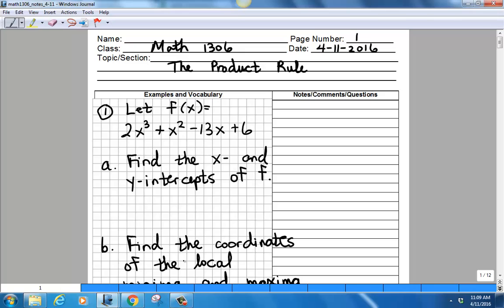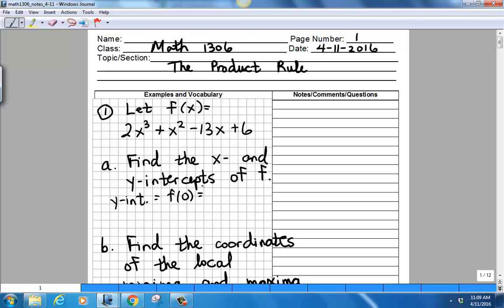To find the y-intercept, you would always just plug in 0 for x, because where the graph crosses the y-axis, x is going to be 0. In other words, you would calculate f of 0.